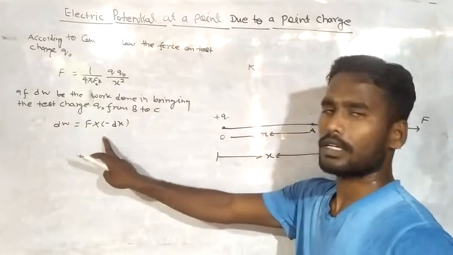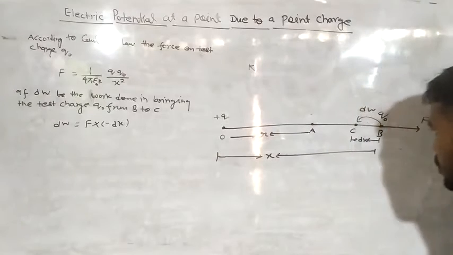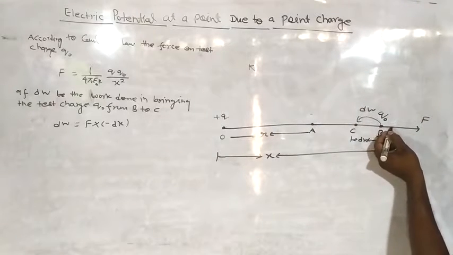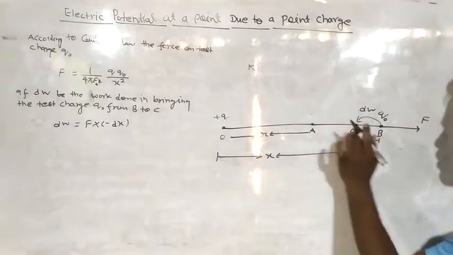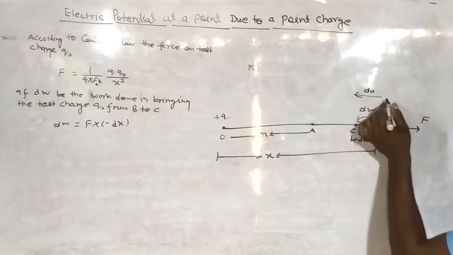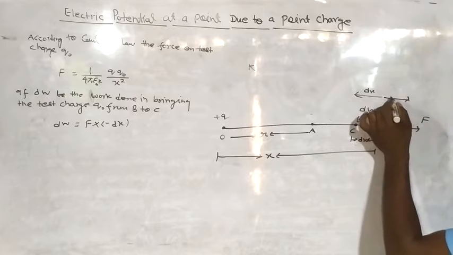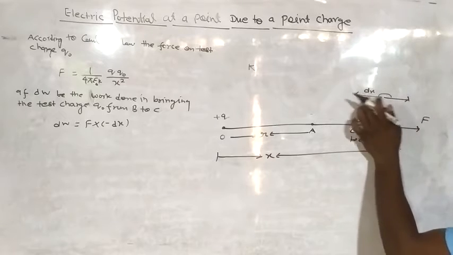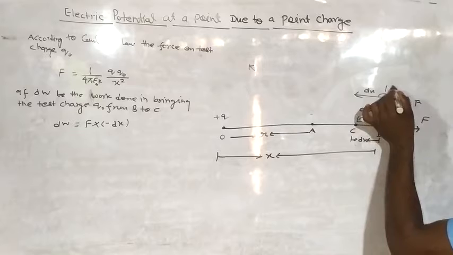Why have I written minus dx? Because the direction of force is opposite to the displacement. The direction of displacement dx is this direction and the force is in this direction. So the angle between displacement and force is 180 degrees.